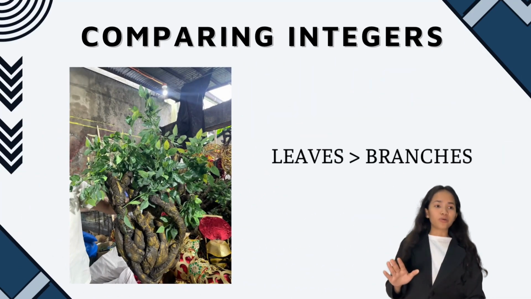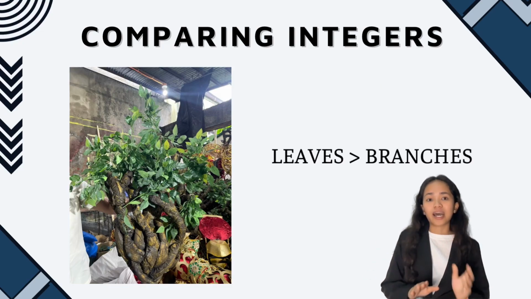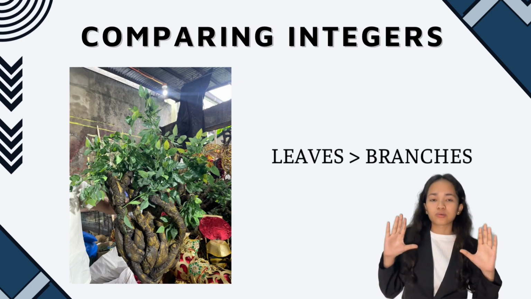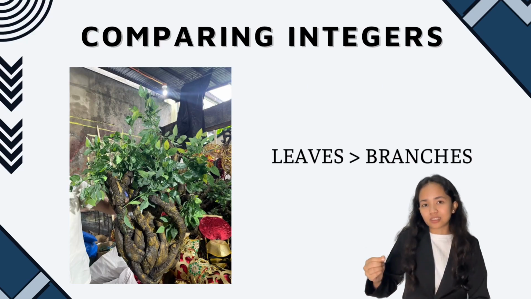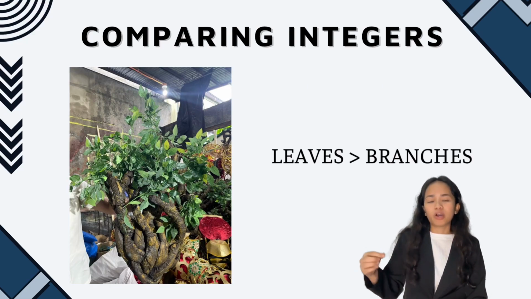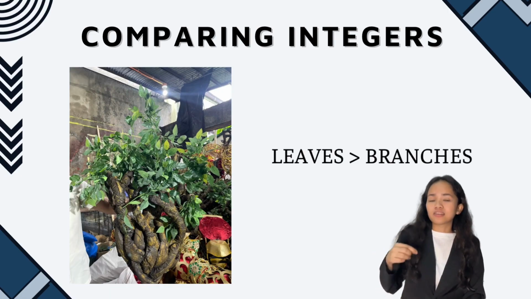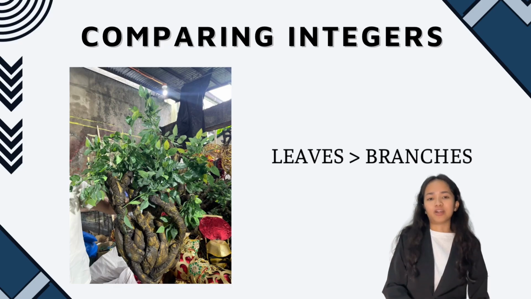Yes, the leaves are greater than the branches, because when you look closely, there are many leaves, approximately 100 to 150, and there are only 12 to 15 branches. And so, the leaves are greater than the branches.